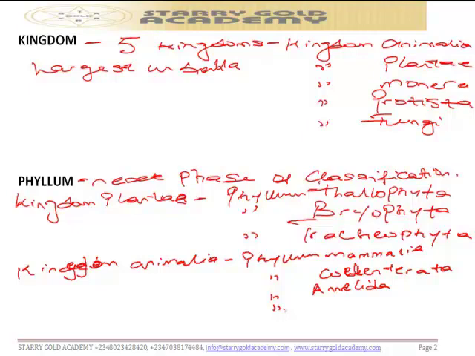Like our flatworms. We have the phylum Mollusca. Those are those that have shells, like a snail, right? We have phylum Arthropoda. Arthropoda covers the insects, right? And so on and so forth.